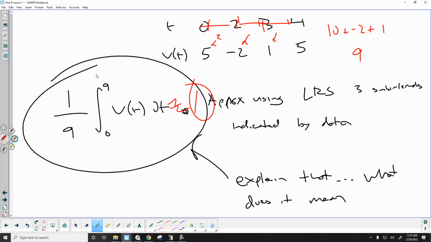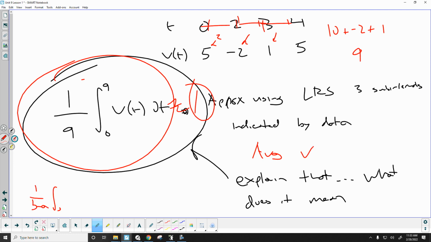This is an average V. You have to remember 1 over B minus A times the integral from A to B of something. It's the average of something. So it's not that the calculation of the number is tough, it's that you have to remember everything from the last 2 units.